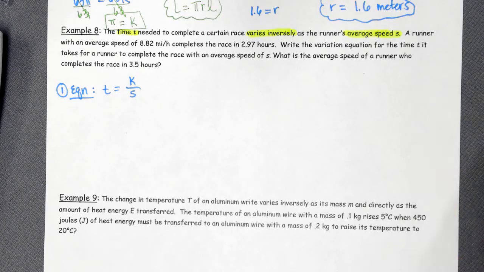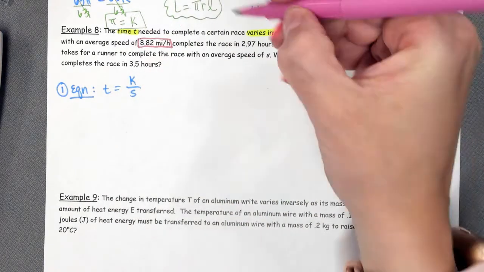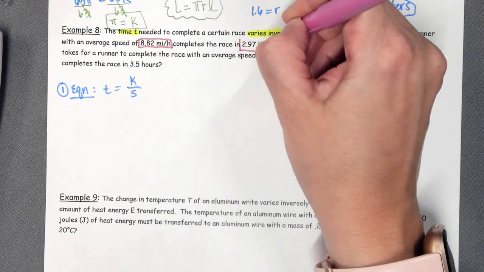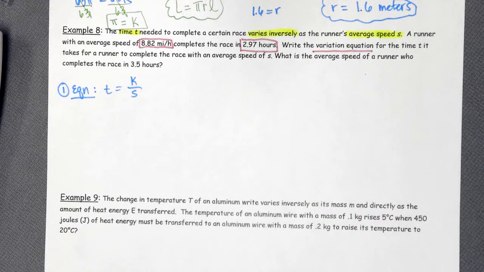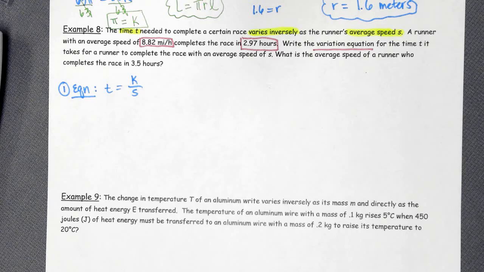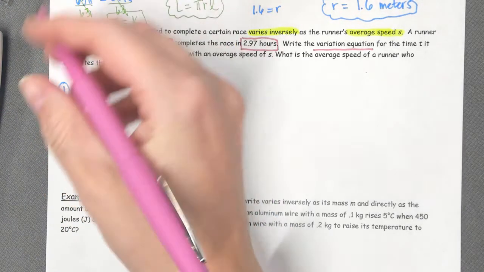Now it says a runner with an average speed of 8.82 miles an hour completes the race in 2.97 hours. Write the variation equation for the time t it takes a runner to complete the race with an average speed of s. So the variation equation is going to be finding k and then plugging it back in.